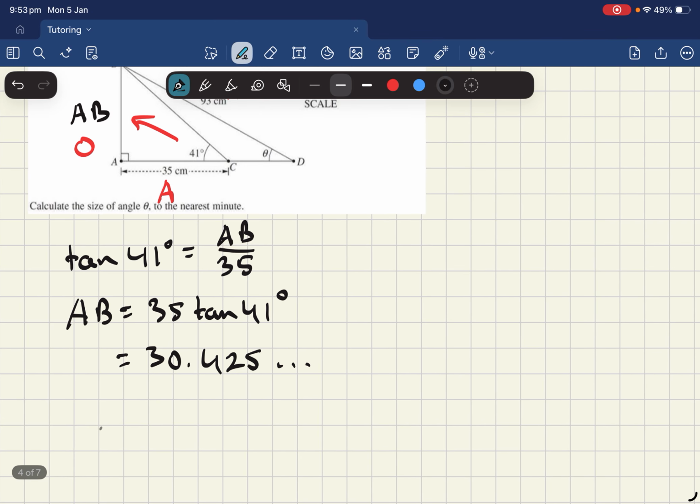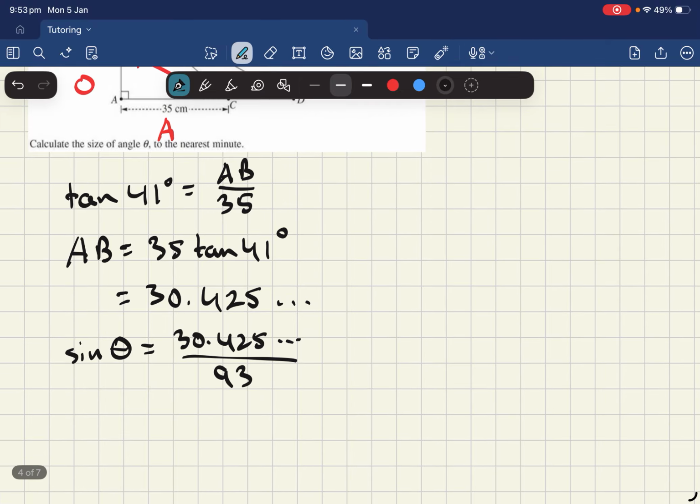So we can say that sine of theta equals AB, which is 30.425... over 93. So we're looking for an angle this time, so we're going to use our inverse sine. So our theta is going to be the inverse sine of 30.425 over 93.